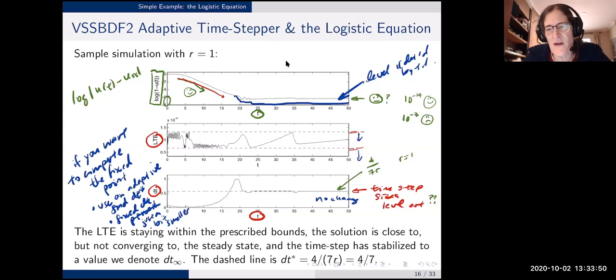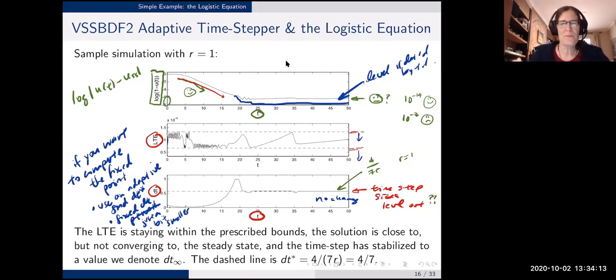And then it goes, oh no, I've gone unstable. It takes its time steps smaller again. And then it gets stable. And then it's like, oh, good. Everything's stable. Life is good. I'm going to start to grow my time steps larger. And then it grows its time steps larger. And then, oh no, I've gone unstable. And then it starts to take its time steps smaller until it's in the safety zone again.